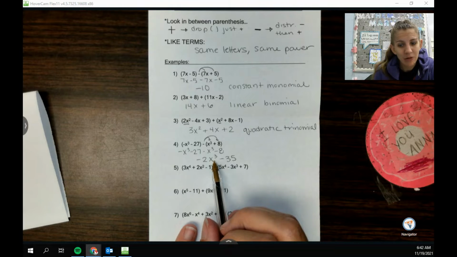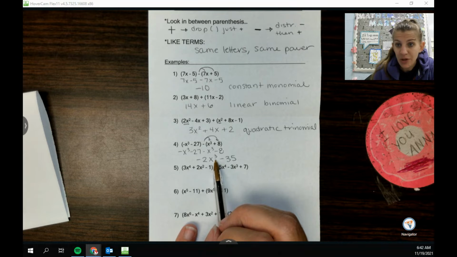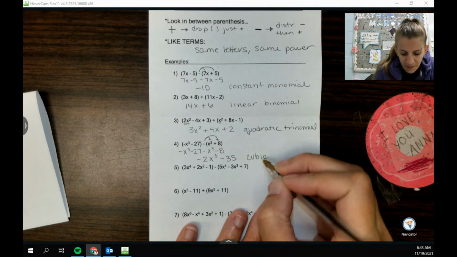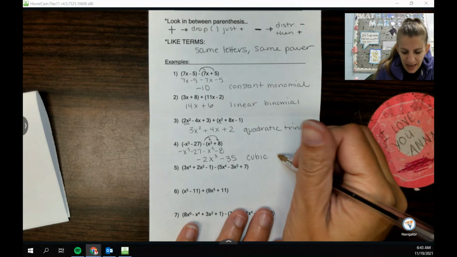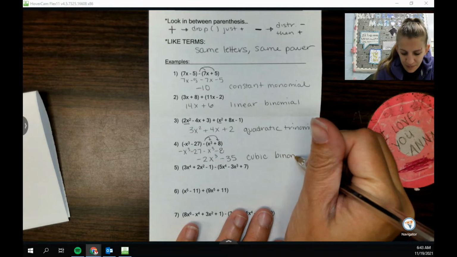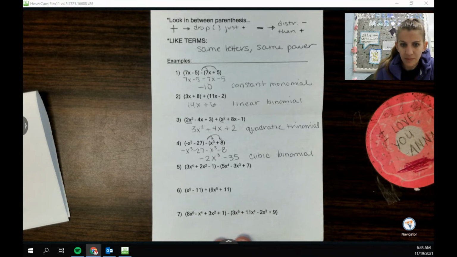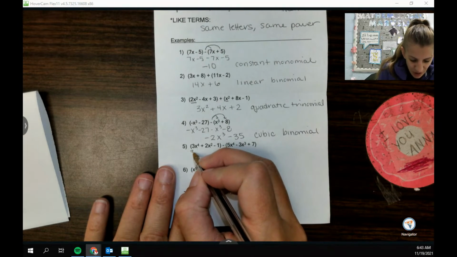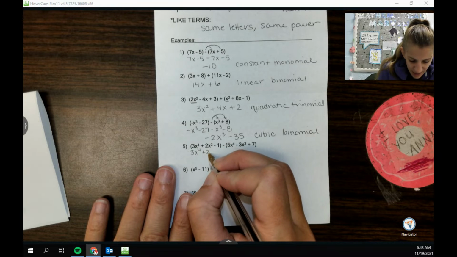Maybe we remember from Algebra 1, but maybe not. To the third is called a cubic. And when we had 2, that was a binomial. Next one, I have to distribute again, so I'm going to change all those signs on the second one.